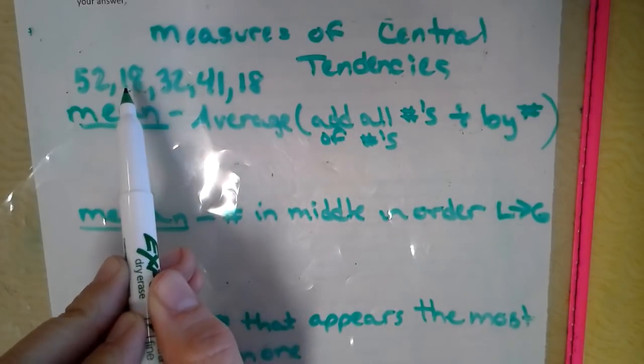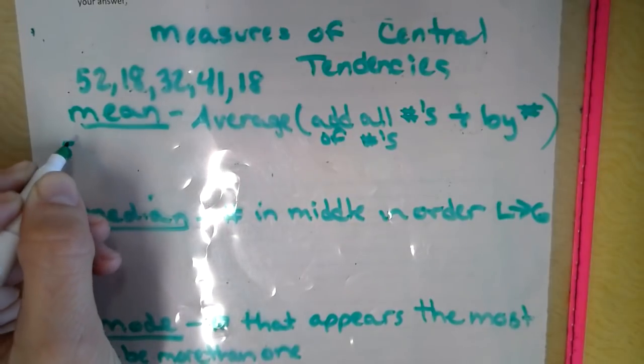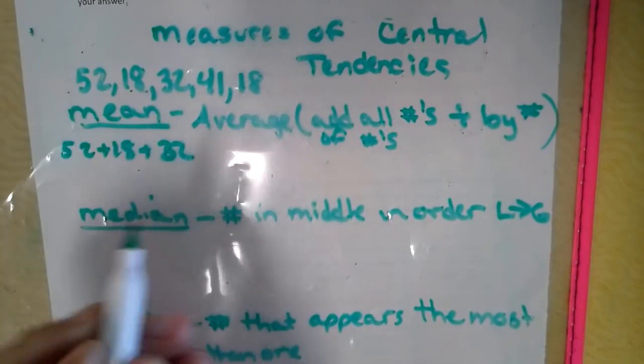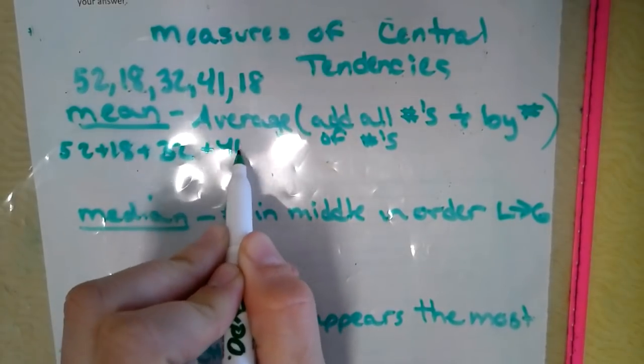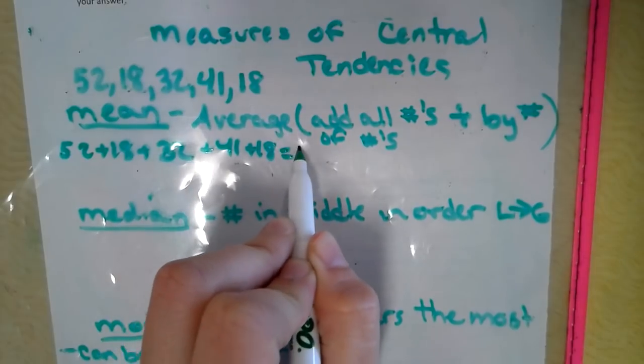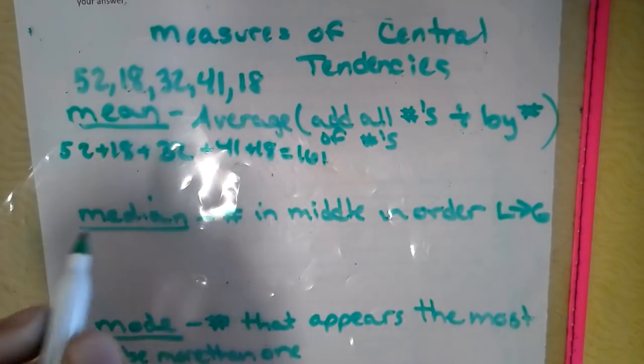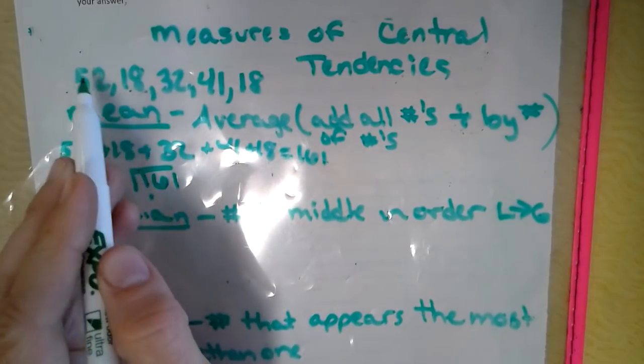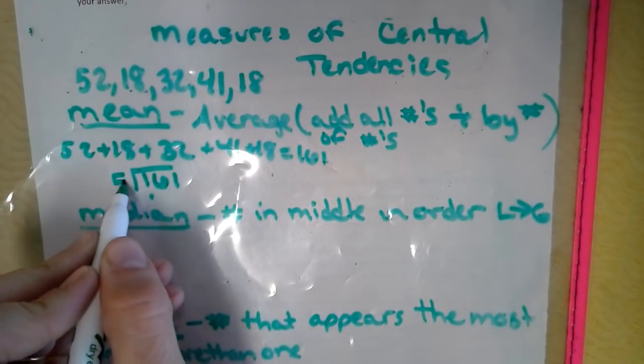So if we add 52 plus 18 plus 32 plus 41 plus 18, that would equal 161. And then we would take 161 and divide it by 5 because there are 5 numbers.